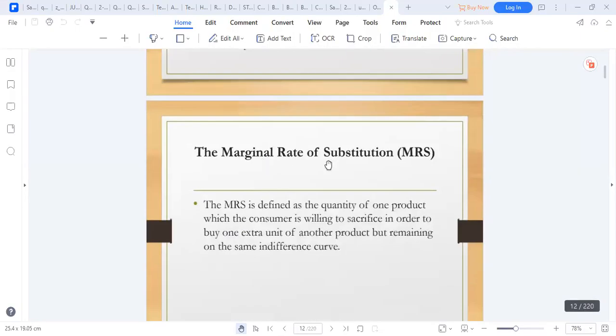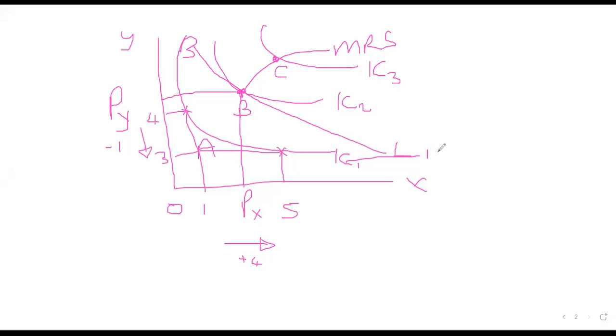Now, marginal rate of substitution simply is defined as the quantity of one product which the consumer is willing to sacrifice in order to buy or attain another unit, but maintaining the same indifference curve. So that is what we call the marginal rate of substitution. So maybe the satisfaction here is 10 utils, this is 20 utils.